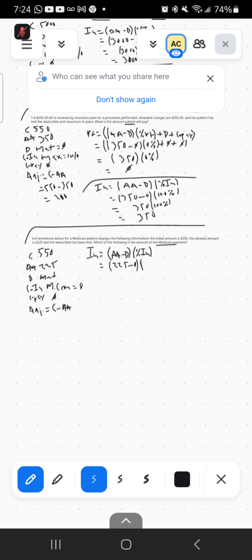Because it's Medicare, it's an 80/20, and it doesn't say anything else, so we do 80%. So 225 times 80%. You put it in your calculator, and 225 times 80% is what?